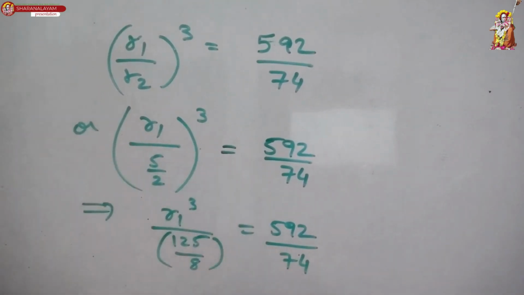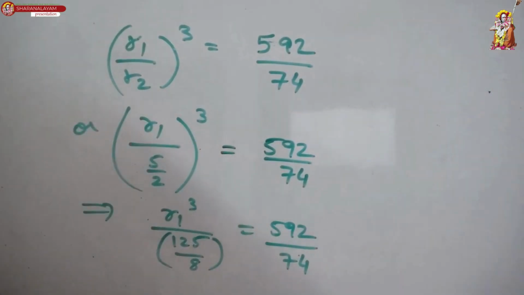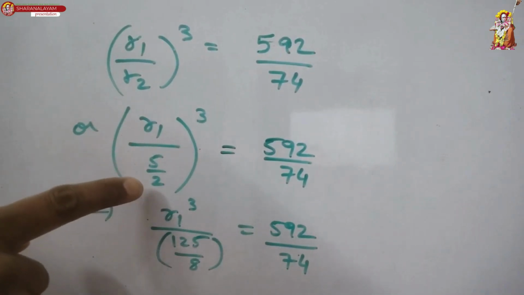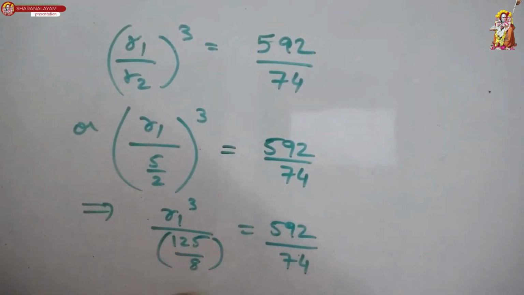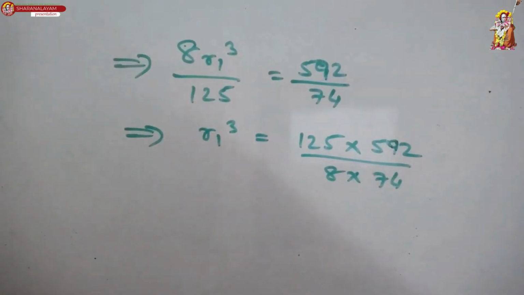So if the diameter is 5 centimeters, the radius will be 5 by 2. So substituting that value, we have r1 cube upon 5 cube by 2 cube, which is 125 upon 8 equals 592 upon 74. That gives us 8 r1 cube upon 125 equals 592 upon 74.